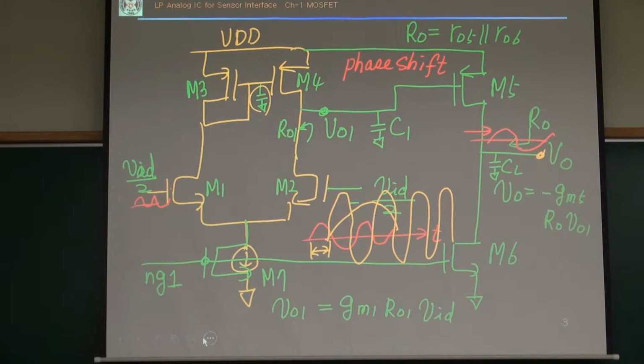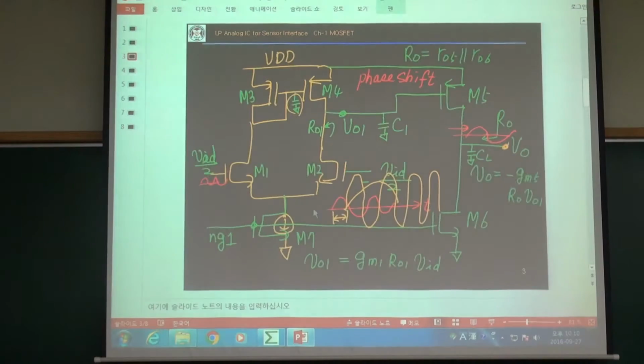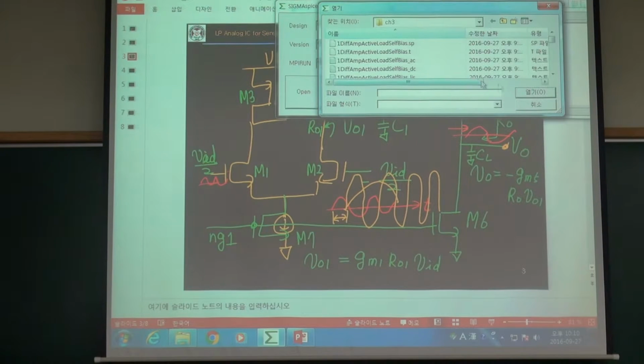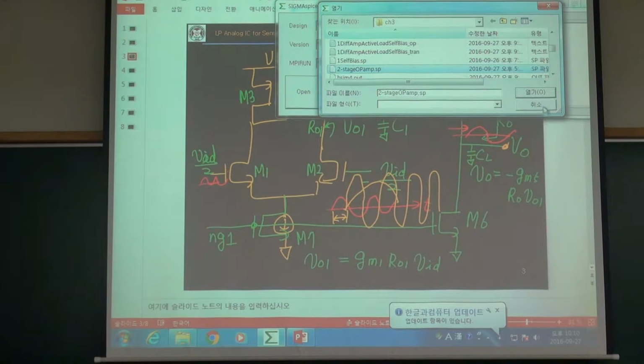Let's look at the SPICE simulation of this one. Where is my two-stage op-amp? Yeah, here.